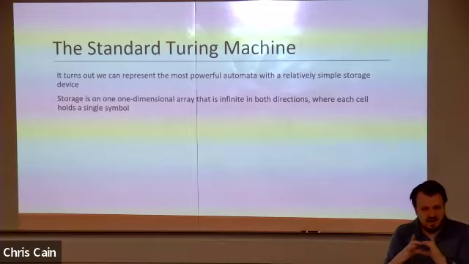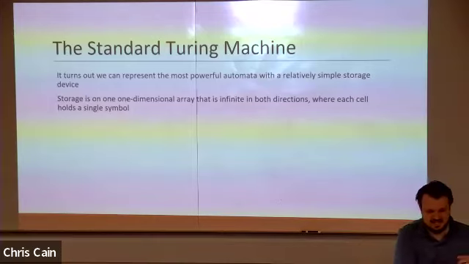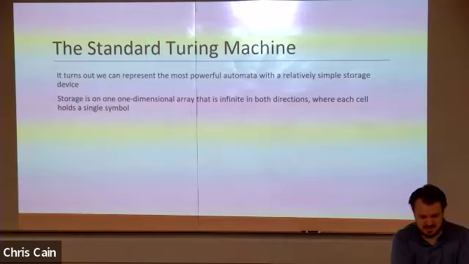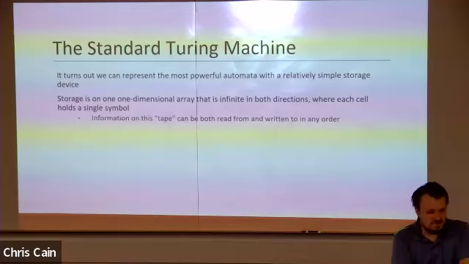Each cell on this tape, think of it as an array index, is going to hold a single symbol. This tape stores some initial information. So the tape is going to have some information on it when the program starts. We can read from and write to this tape, and we have full freedom to do so.